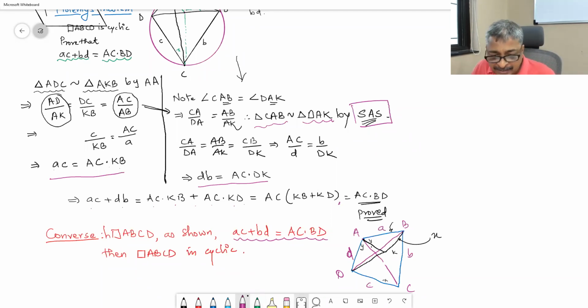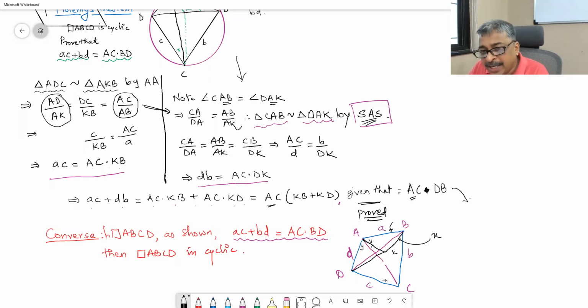Only the final result, we have to write this is equal to this, but it is given that small AC plus dB is equal to capital AC plus dB. That is given, not plus multiplied by capital AC into dB. And therefore this AC gets cancelled.